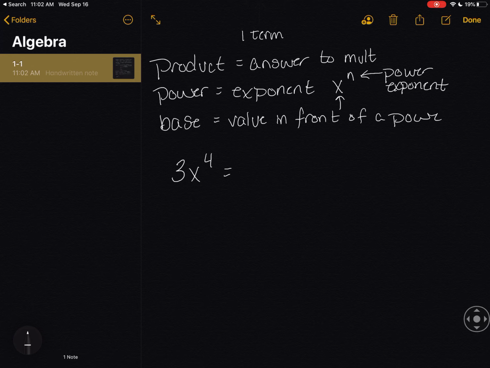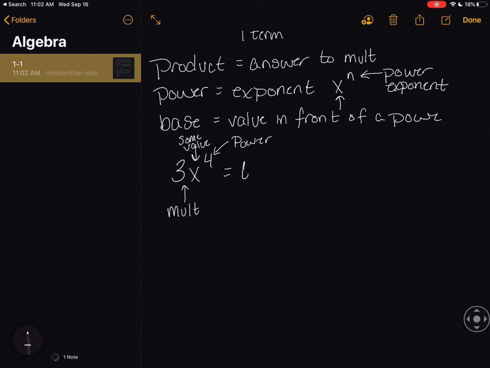Well, I know that anything between this 3 and the x means I am multiplying. If I have a variable right beside a number, that means I'm going to multiply. Remember that there is a power. And then I have some variable, which remember is some value.